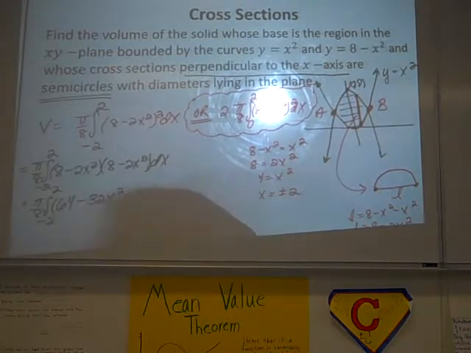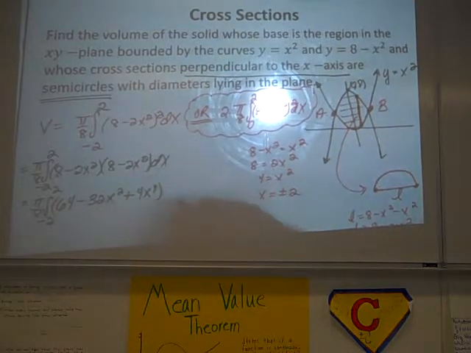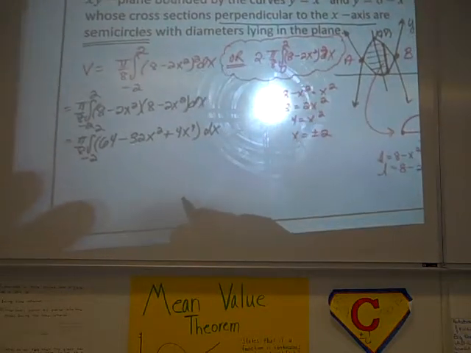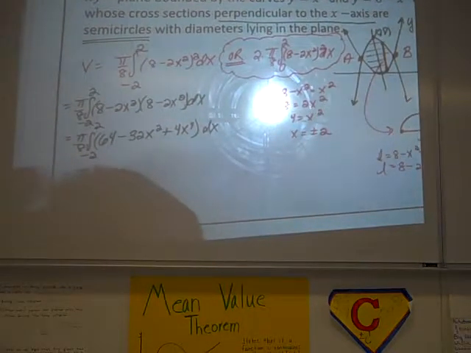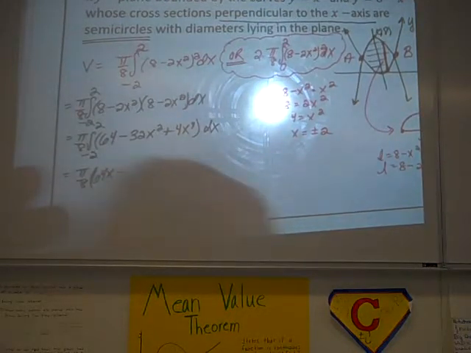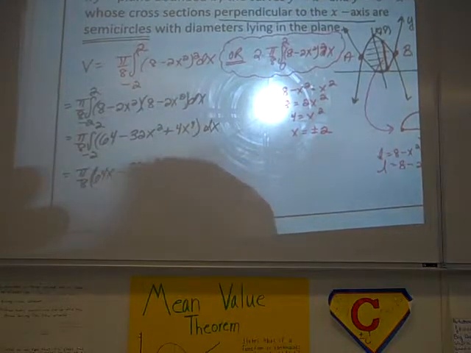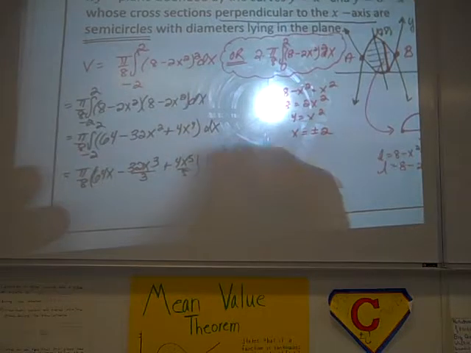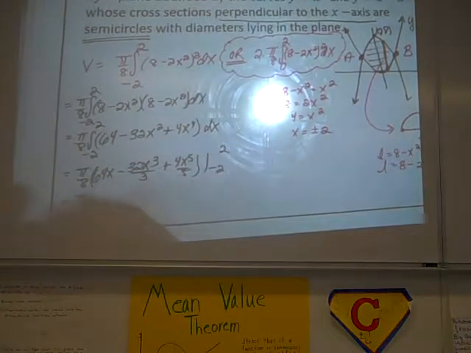Negative 2x squared times negative 2x squared is 4x to the 4th dx. All I have to do is integrate it, so let's keep going. Pi over 8, integral of 64 is 64x, minus 32x cubed over 3, plus 4x to the 5th over 5, from negative 2 to 2.